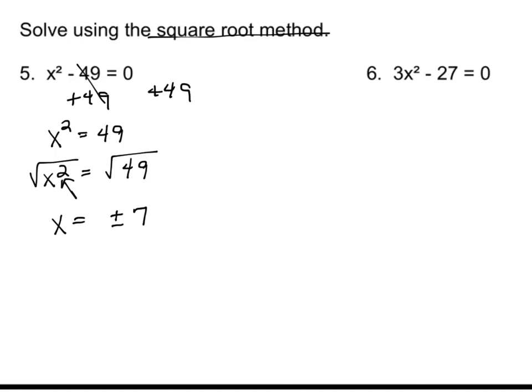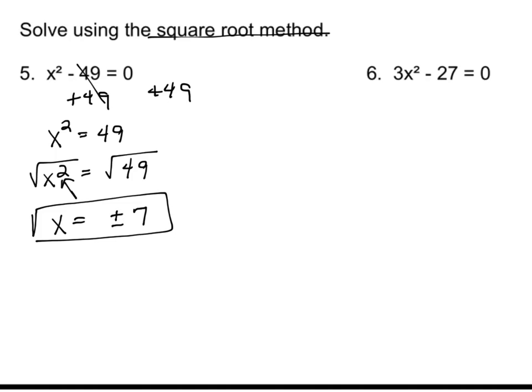They're not all going to be that way. Some of them you're going to have to simplify under the radical. But now we have our answer there. So x is 7 and negative 7. There's two answers there. So that is your answer for how to go about solving things using the square root method.